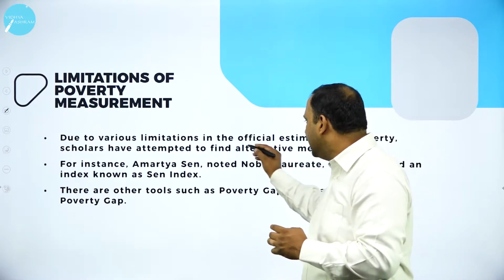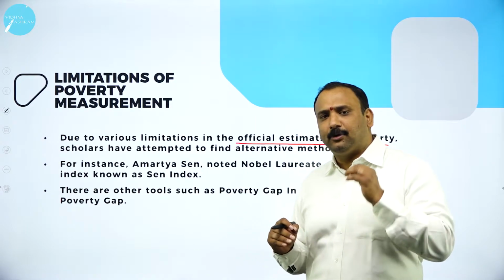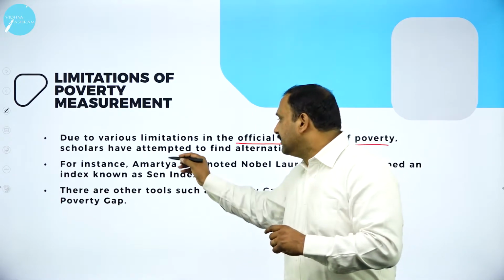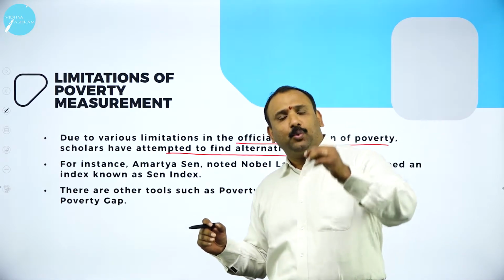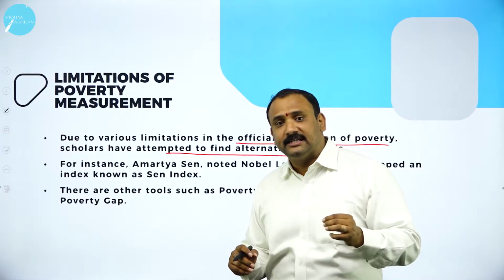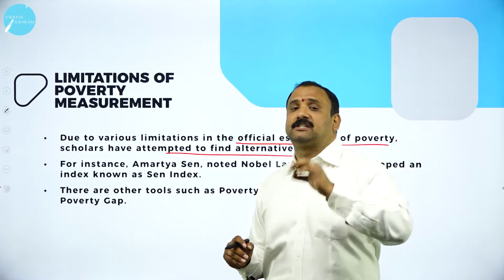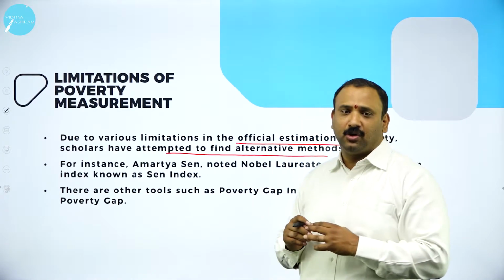One of them is that the official estimation of poverty has not been successful in India. We have attempted to find alternative methods, but we have not been able to come up with one standardized method that could tell us we have successfully completed it. So that is why we say this is a very big challenge altogether.